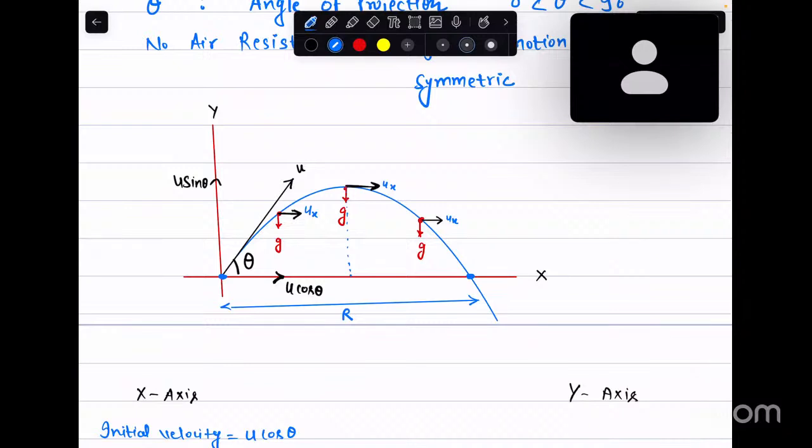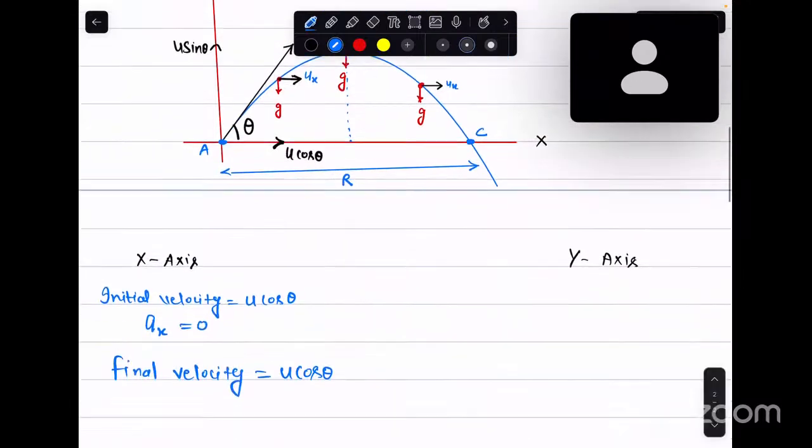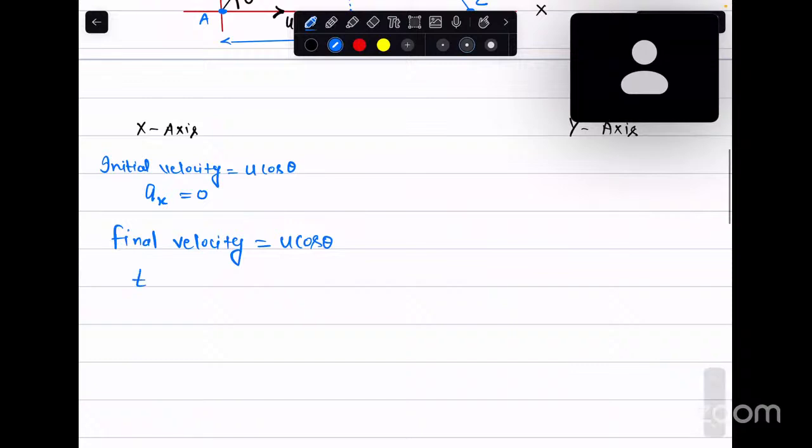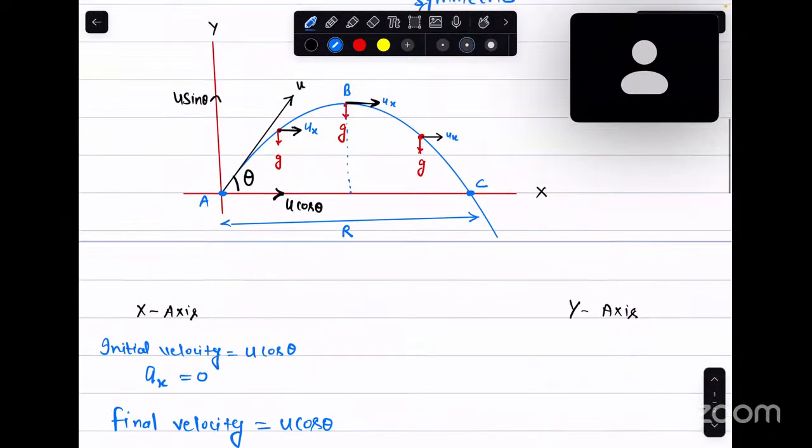Another interesting point is that the time taken by the projectile to move from point A to point B and from point B to point C will be the same. So the time taken to go from point A to point B will be the same as the time taken to go from point B to point C. And this is happening because of symmetry in the motion. I already told you that projectile motion is symmetric.